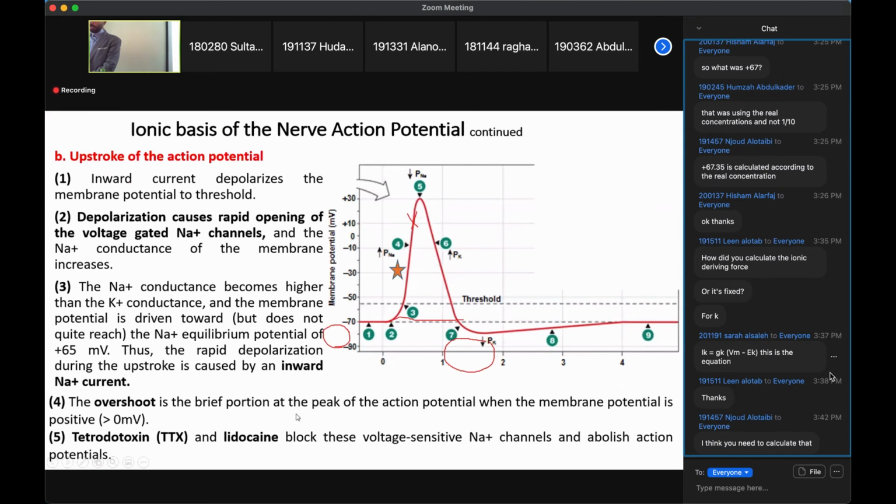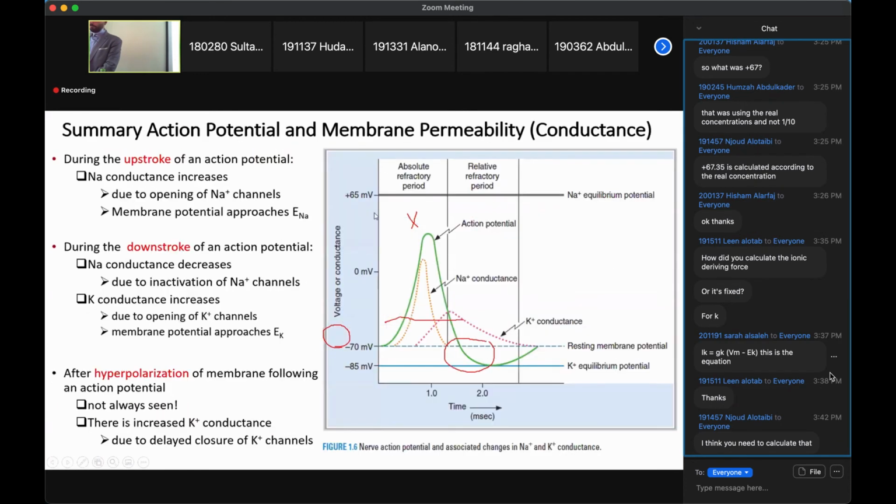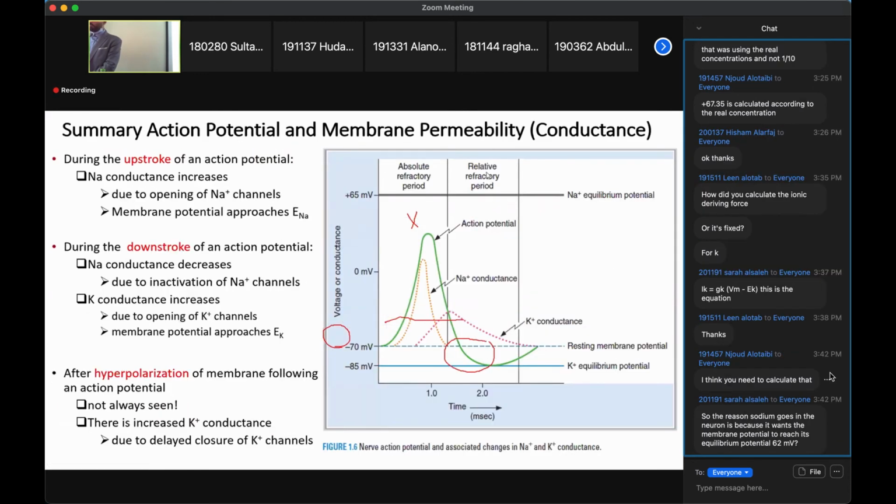Okay, so this was the action potential. What I want to point out here is that this part of the action potential is called the absolute refractory period, where no matter how big the stimulus is, there would be no generation of another action potential.